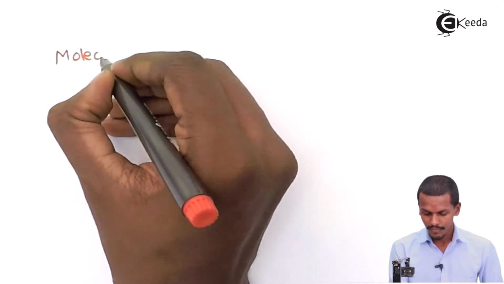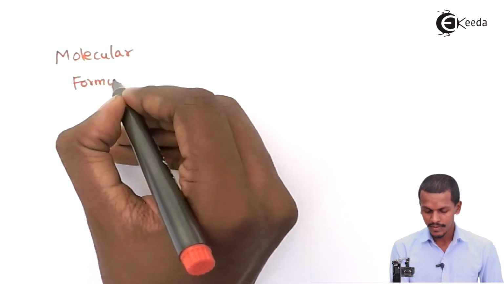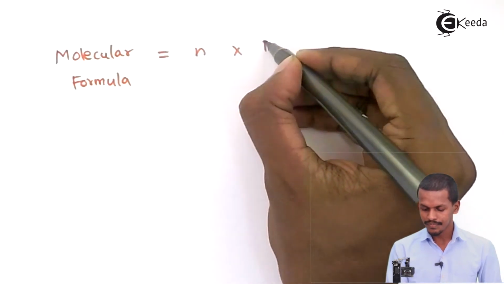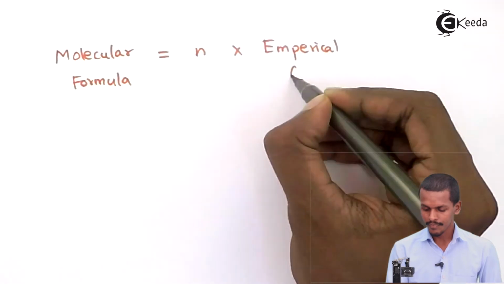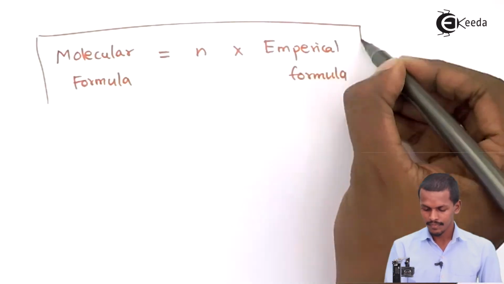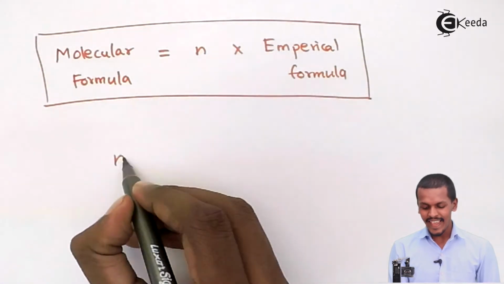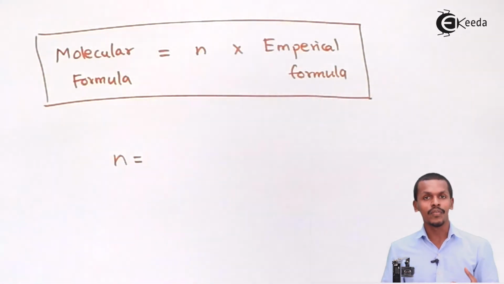The relation is very simple: molecular formula is equal to n into empirical formula. And what is n? This n is nothing but the ratio of the molecular formula mass to the empirical formula mass.